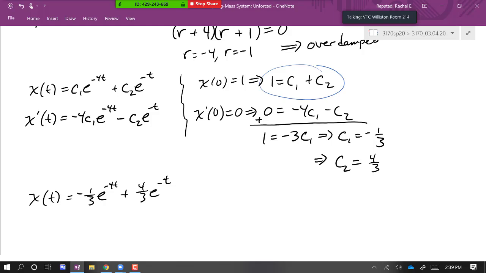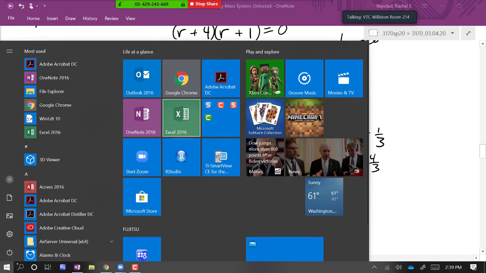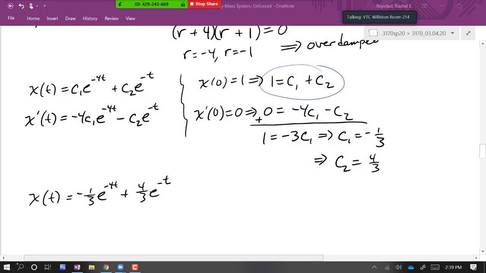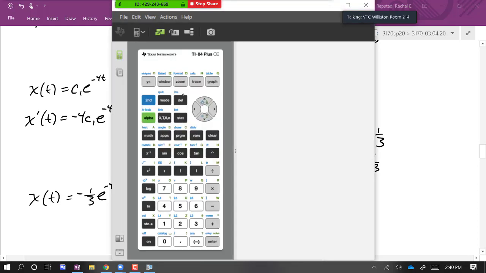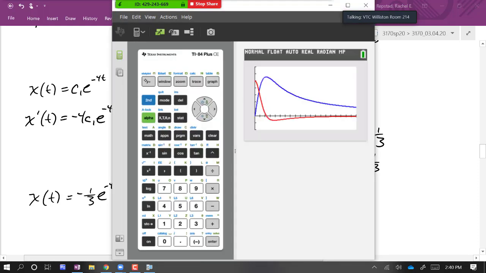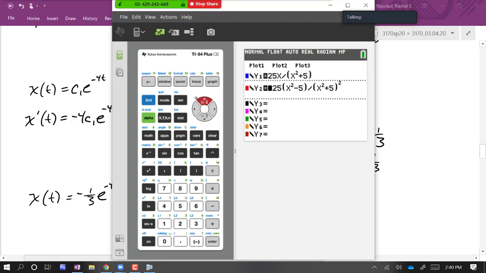How's that? Sometimes I think it's interesting to look at what these look like, to plot the displacement over time.